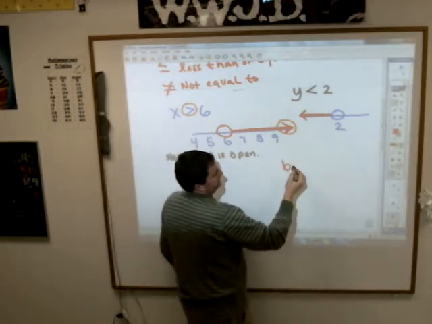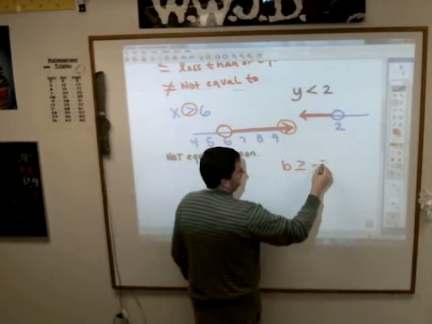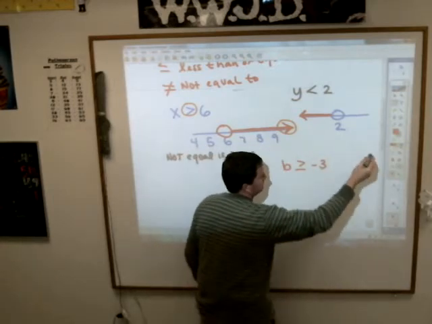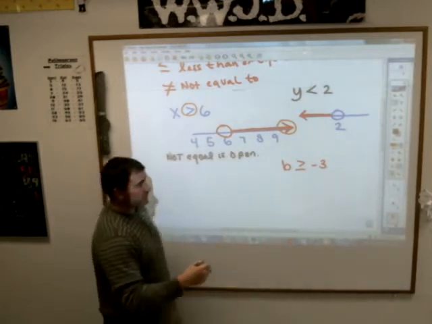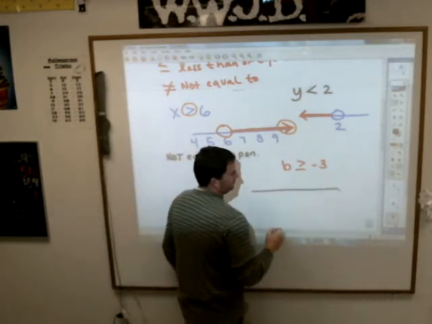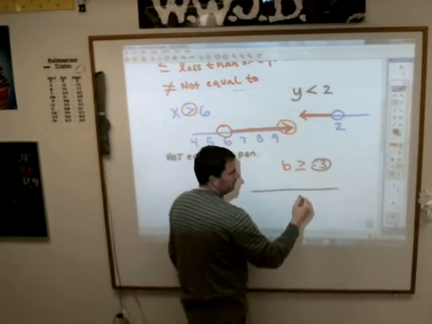Now looking at a couple more, for example here, let's do an equal to sign. B is greater than or equal to -3. Now when you graph this, there's just a bare minimum that you have to do. The bare minimum is you need to draw the line. There needs to be this number there.